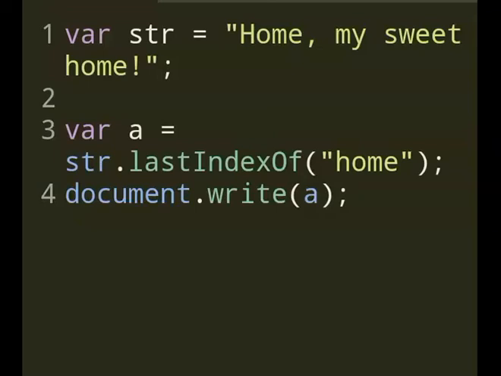So when you count in that order, 0, 1, 2, 3, including the comma and the white space, you will find 0, 1, 2, 3, 4 until the comma, then white space 5, carry on for my 6, 7, again white space 8, then the sweet 9, 10, 11, 12, 13, again white space 14. Then when you come to H is the 15th character. So the last index of this home will be 15.